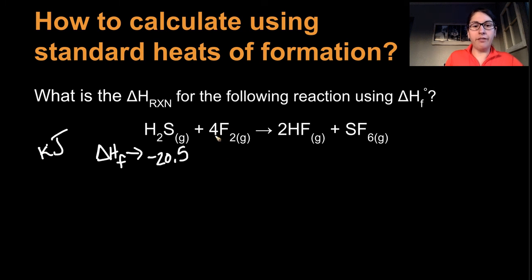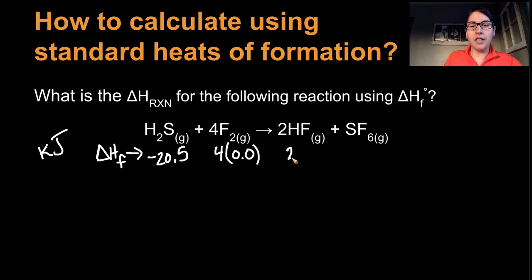Now, for fluorine, it is actually going to be 4 times the formation for fluorine. So we're going to take 4 times the formation of just making F2 gas. Now, F2 is one of those elements in its standard state, and so it's 0.0. There's nothing to that one, and so this is the value, okay?